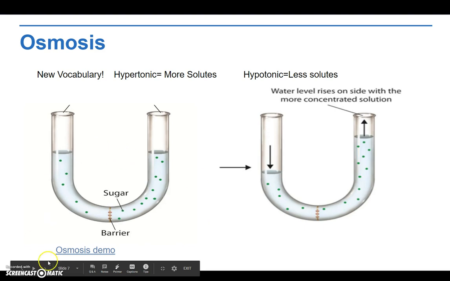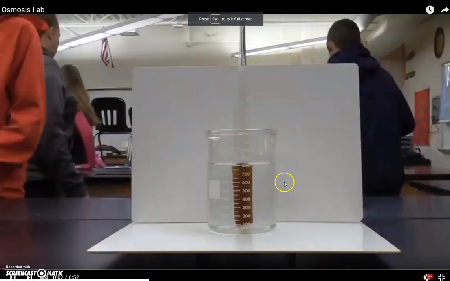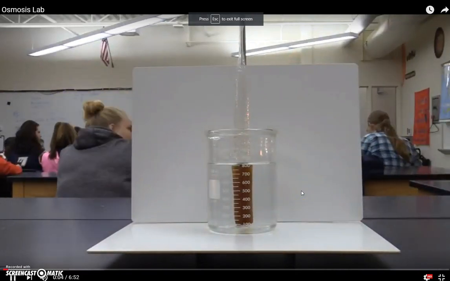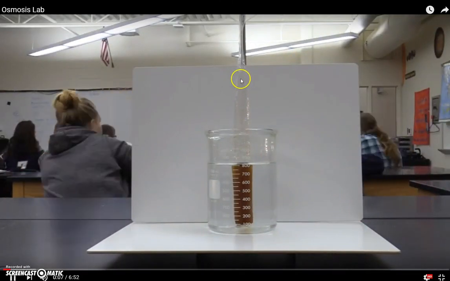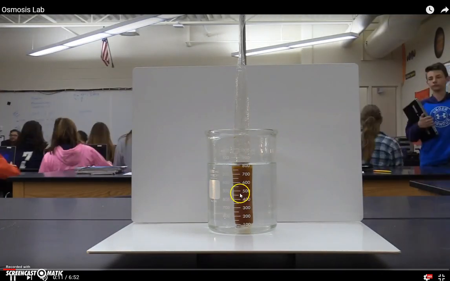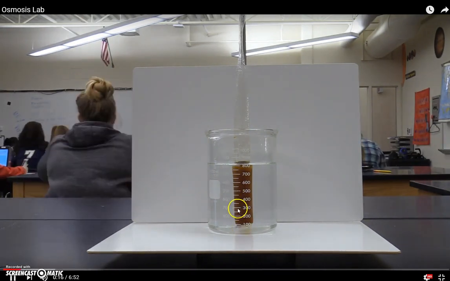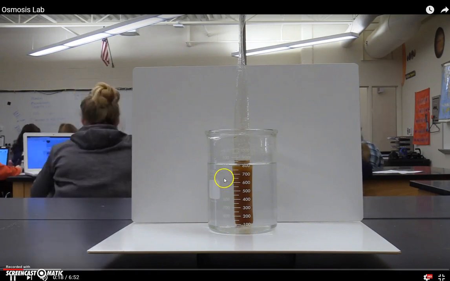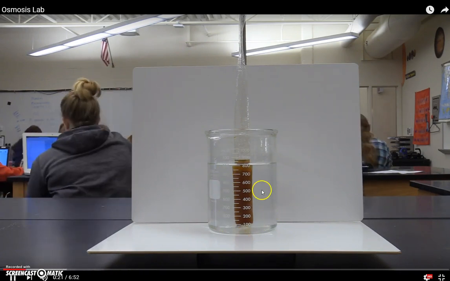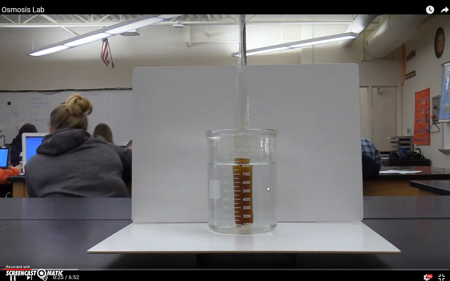So real quick, I'm going to show you a demonstration of this happening. Alright, so this is a lab setup. This is a type of tubing that allows water to pass through. The brown stuff in the center is sugar, like corn syrup. Outside is water. So looking at this, the inside is hypertonic, the outside is hypotonic.